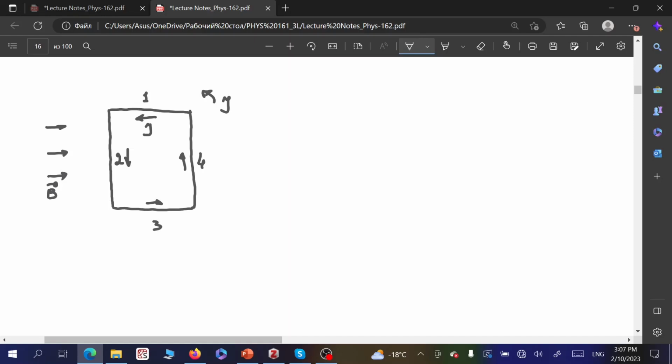Segment 1 and segment 3, the electric current direction is parallel to the magnetic field vector. So in this case, the angle between them will be 0, sine of 0 will be 0, and there will be no magnetic force. So we do not consider any forces exerted on these segments because they are absent due to orientation.